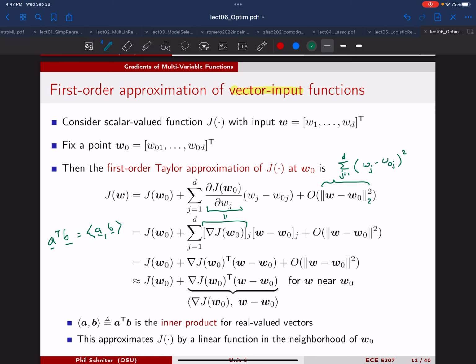So here I'm just rewriting it using this inner product notation with these angle braces. The inner product is basically a notion of angle from linear algebra. So in linear algebra, the norm of a vector tells us about how long it is. And if you're given two separate vectors and you want to know how aligned they are, the inner product gives you a way of computing that.